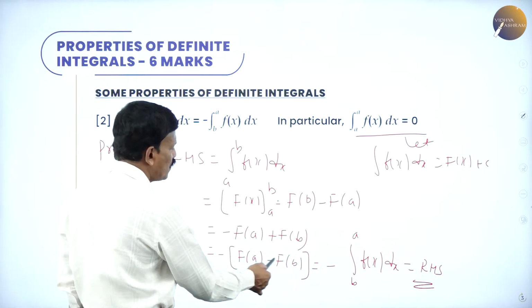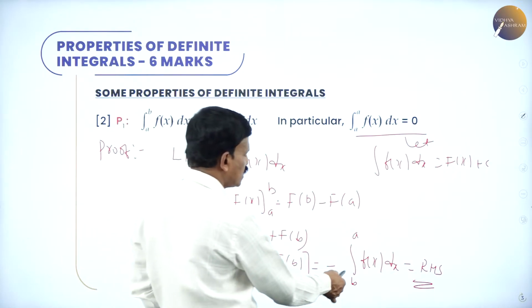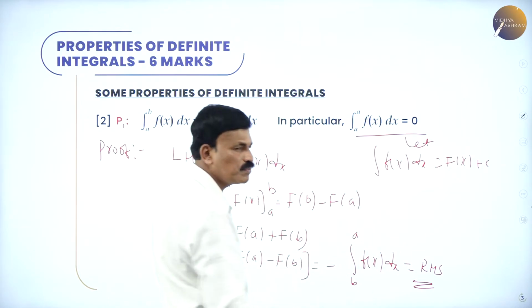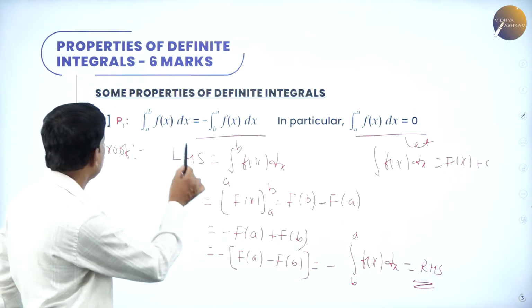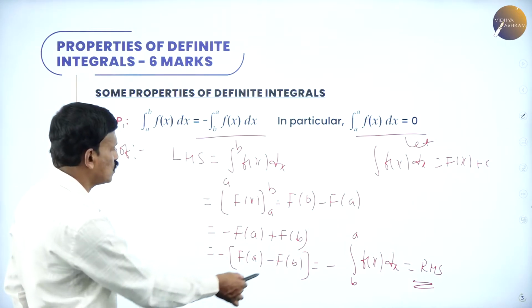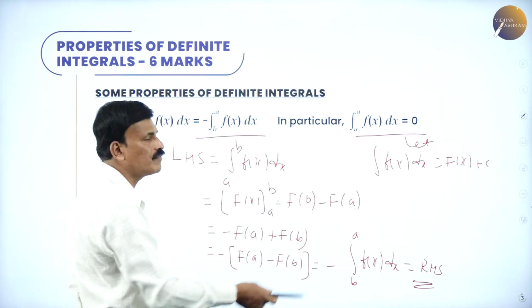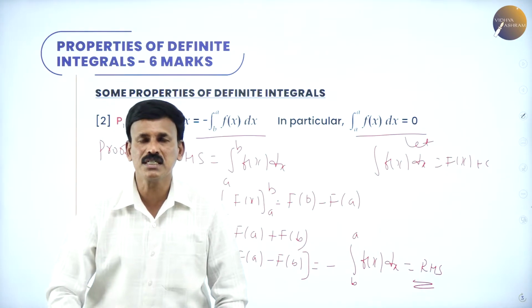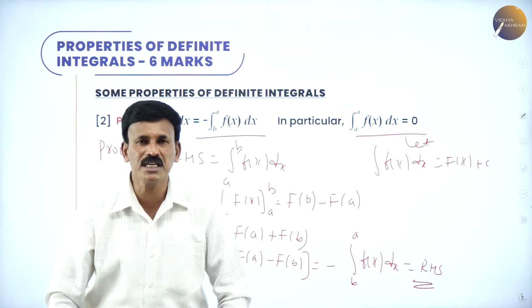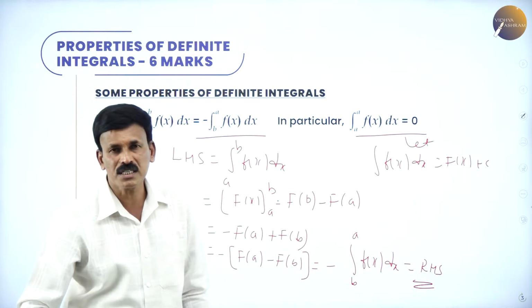What is F of a minus F of b? It is nothing but the integral of f of x between the limits b to a, which is the required answer. So integral a to b f of x dx is also equal to minus integral b to a f of x dx. If the lower and upper limits are interchanged, then the integral takes the negative sign.